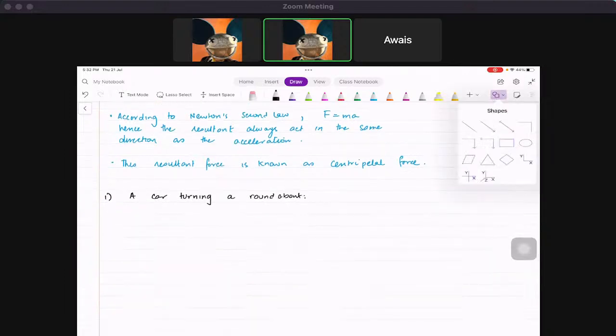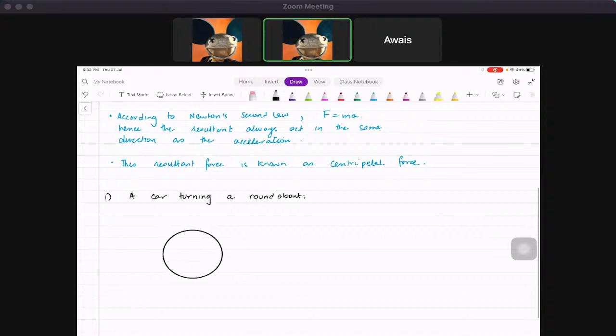Whenever the car turns, like here, going in a circle, the resultant force must be towards the center so that the car turns effectively, and that is the reason you turn the steering to the right or left depending on the situation. Okay, all right.